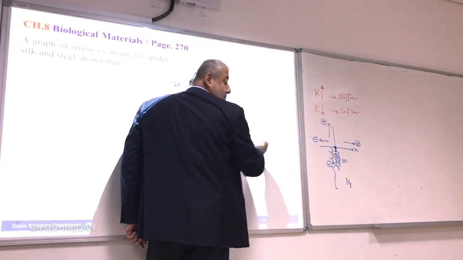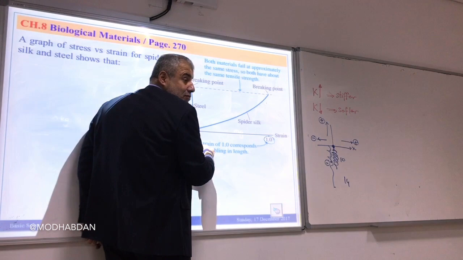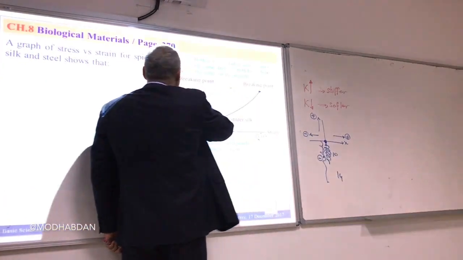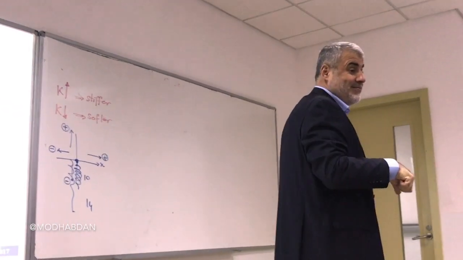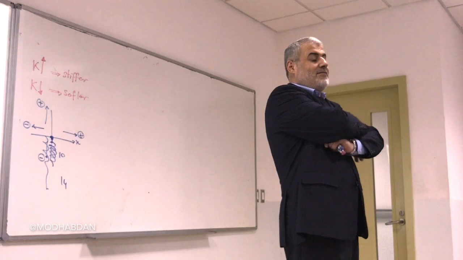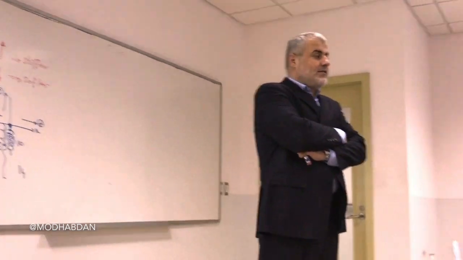It's 1. This is 100 times this one. And the stress, sorry, is 20. The question is: why does the spider silk have more strain than the steel? Yes? Because it's softer. It's softer, okay. Its ability to expand. But from the formula, you can know why it's still more. Yes, Emma?